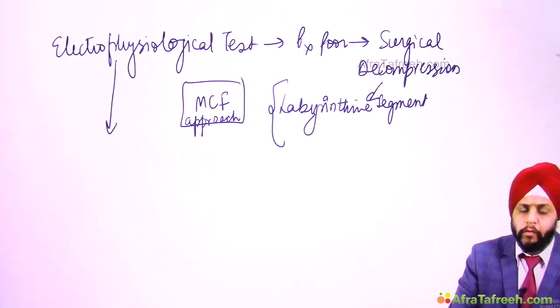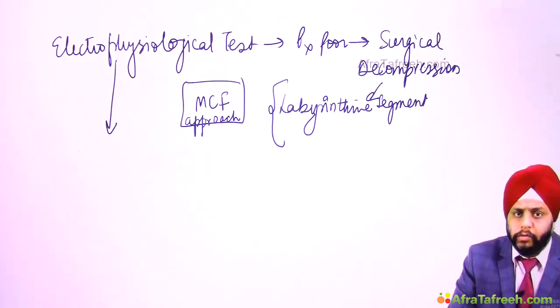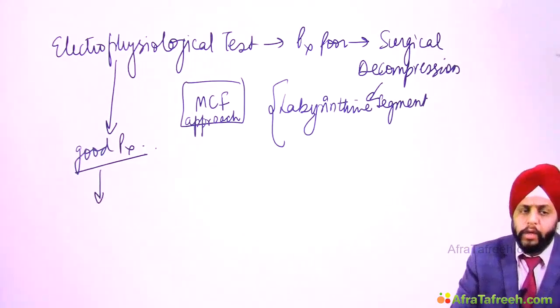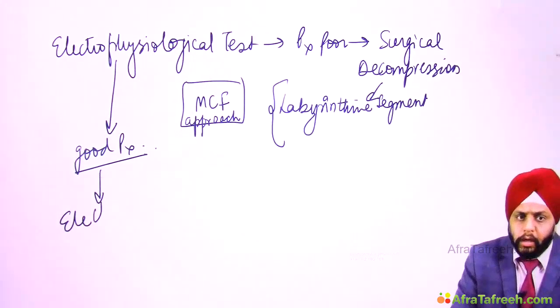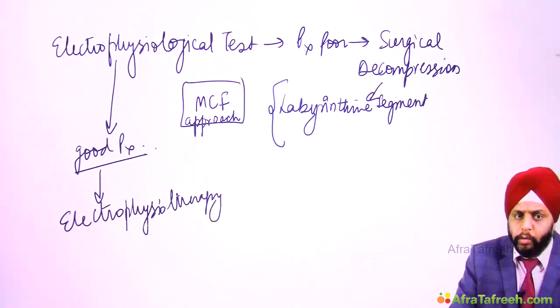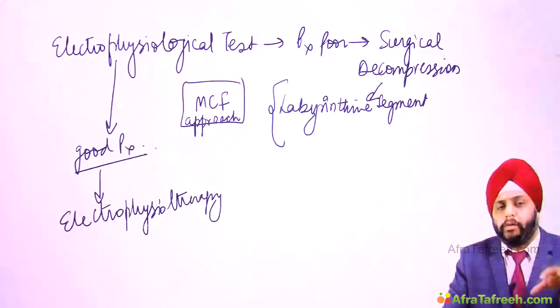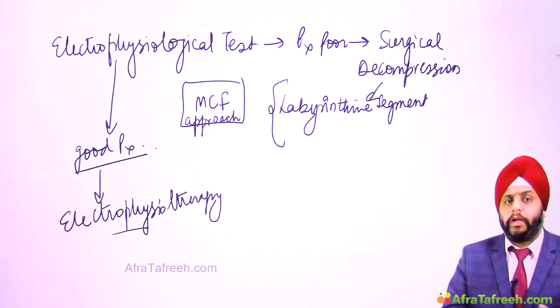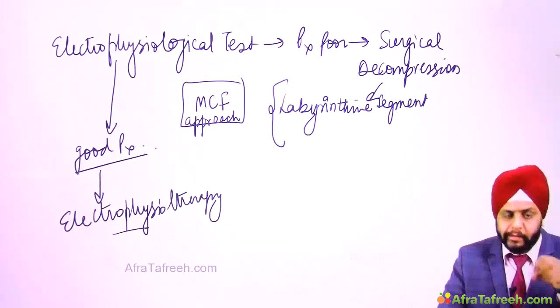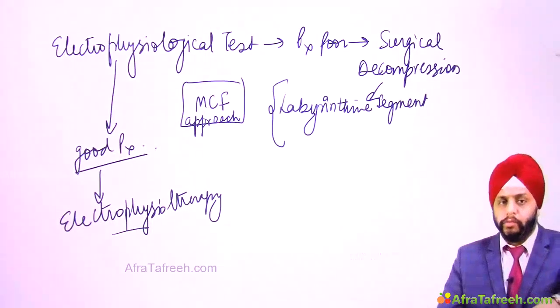Now, if the electrophysiological testing shows that there is a good prognosis, and you have tapered off the steroids, now you can give the patient electrophysiotherapy. What is electrophysiotherapy? You give small voltage current to the patient, just like you do in electrophysiological testing. This current stimulates the nerve to grow.